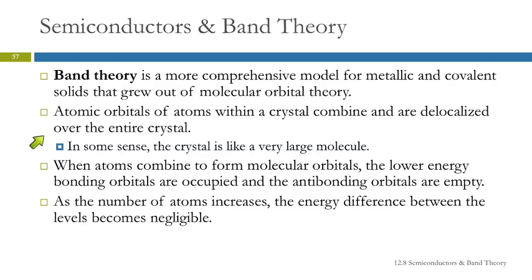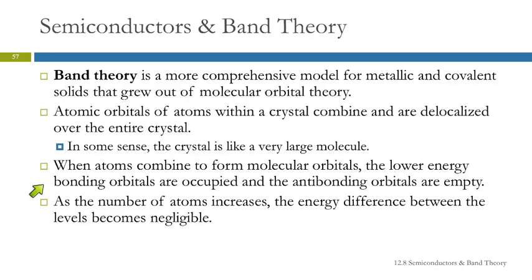So atomic orbitals are the orbitals on atoms. When you combine atoms together into a crystalline solid, those atomic orbitals overlap. They form molecular orbitals that are delocalized over the entire crystal. So in some senses, a crystal is really one very, very large molecule.